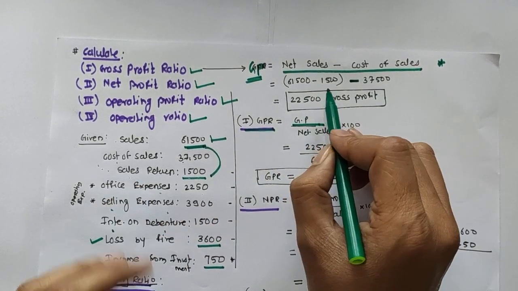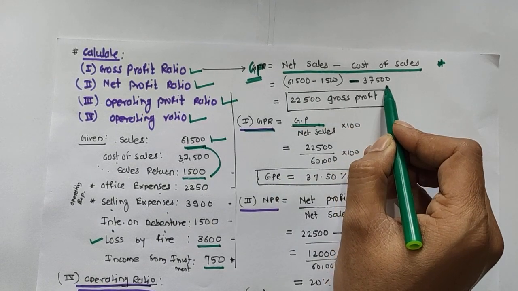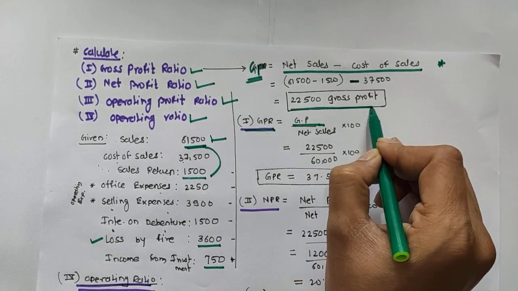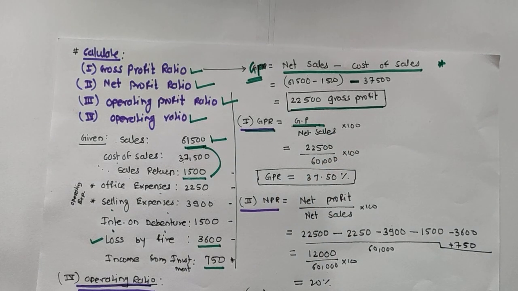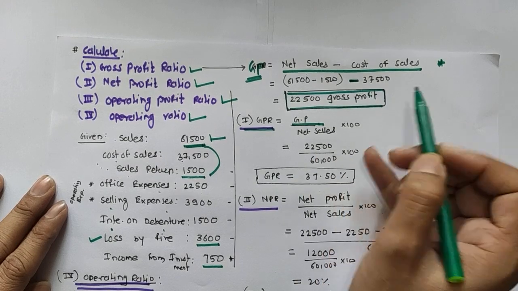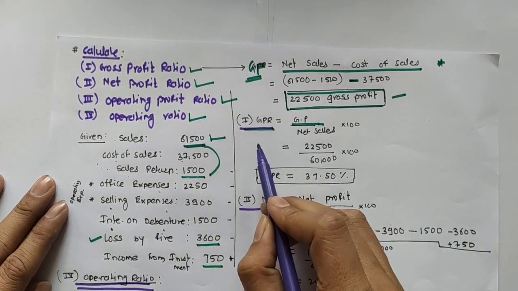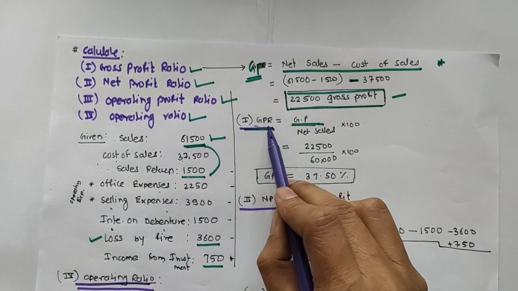So when you solve this, you have 60,000 minus 37,500. You will get 22,500 as your gross profit. Alright, so we come to know what is the gross profit. Okay, so we will move to the next. See what they are next, the calculation of the gross profit ratio.